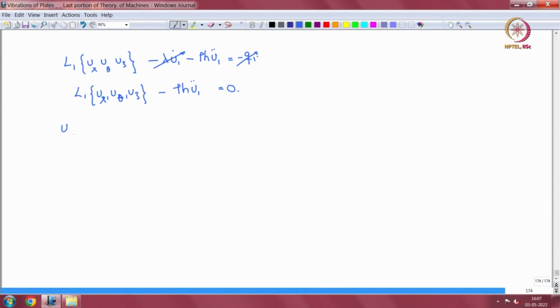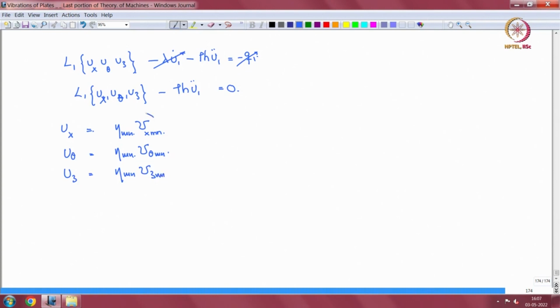So let us say Ux is equal to eta mn and Ux mn, U theta is the same, eta mn U theta mn, and U3 is eta mn U3 mn.